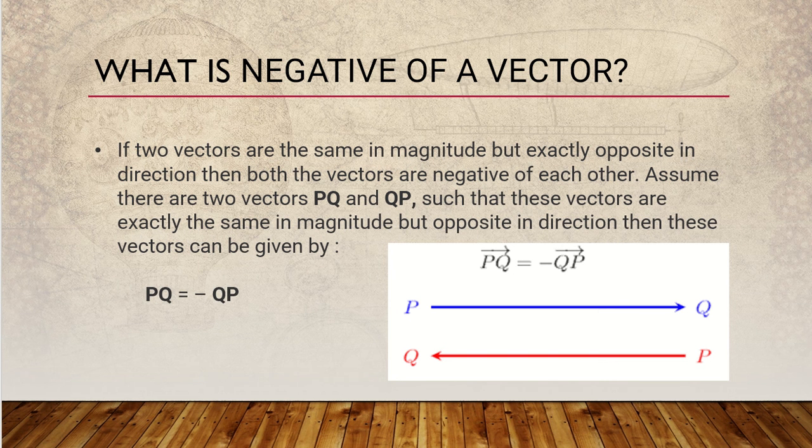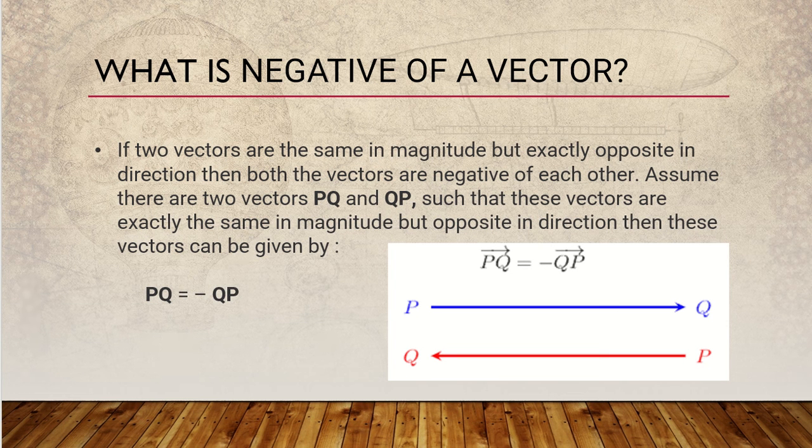For example, assume there are two vectors PQ and QP such that these vectors are exactly the same in magnitude but opposite in direction. Then these vectors are given by PQ equals negative of QP. So negative of QP is called negative of vector PQ.